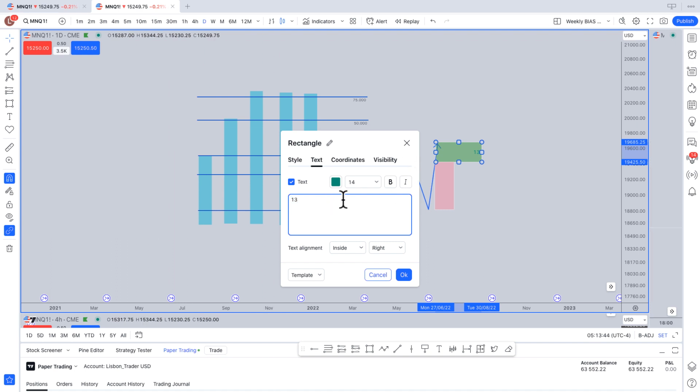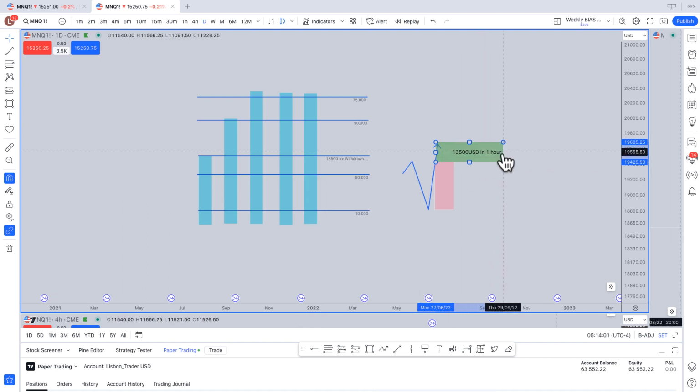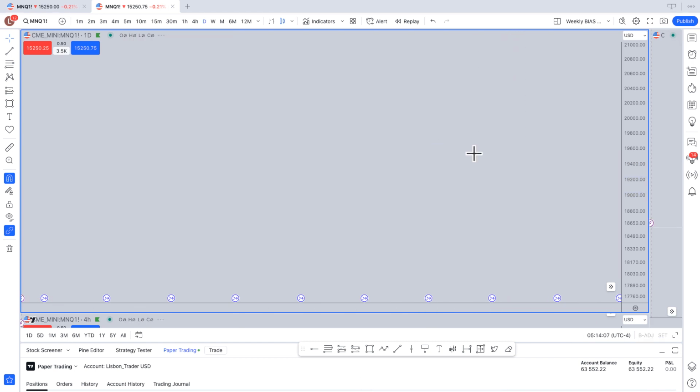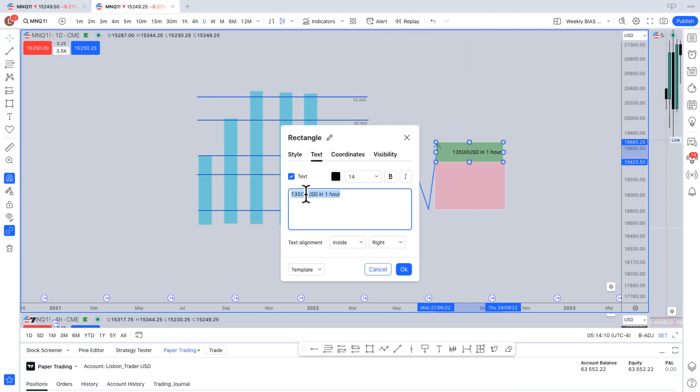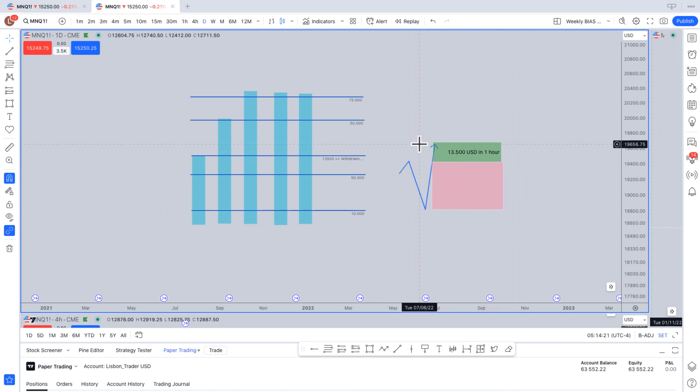USD in 1 hour. This was it. So every day we do the same process.